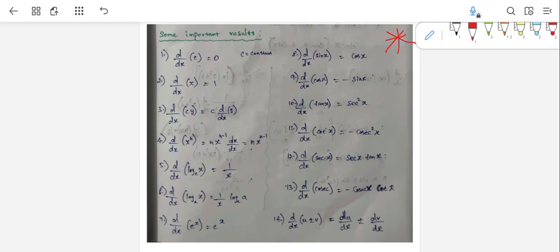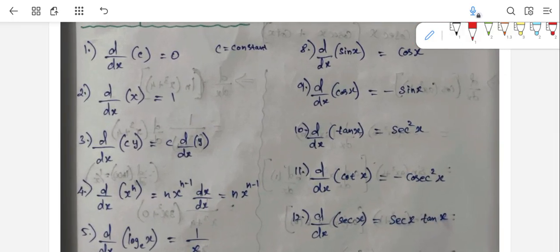We have seen trigonometry, so it can be in those terms also. When you get y in those terms, how can you differentiate? That's what we are going to see. These are some important standard values you can keep. Starting from the first, in place of y you have some constant number: 1, 2, 3, 100, 10,000, 10 power 6, 10 power minus 20, anything.